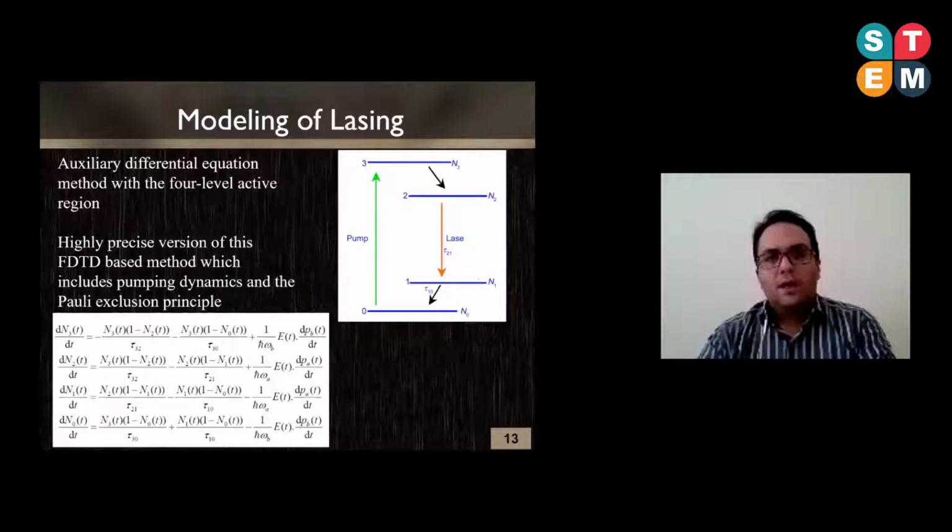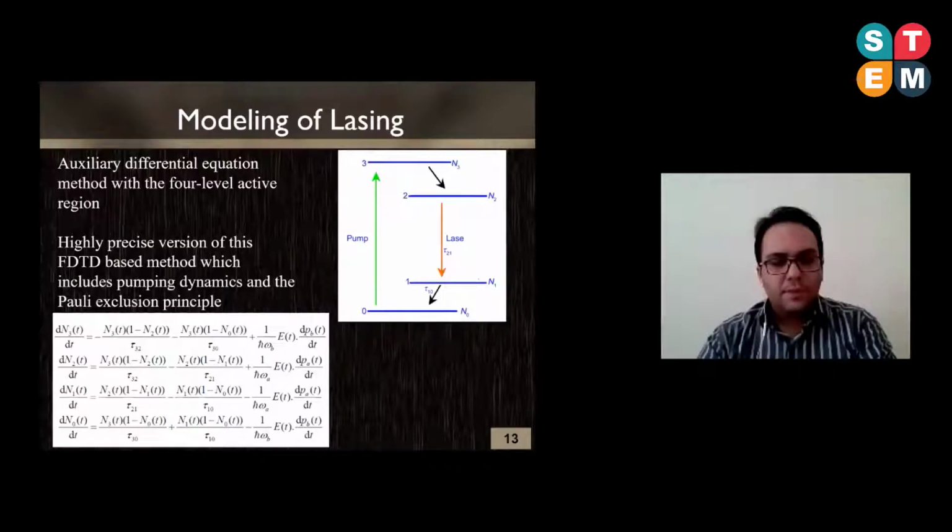The highly precise version of the Raman method is exploited for this simulation, which includes pumping dynamics and the Pauli exclusion principle. This method is classified as a semi-classical approach that considers the electromagnetic wave in classical form and considers the active region as a quantum one.